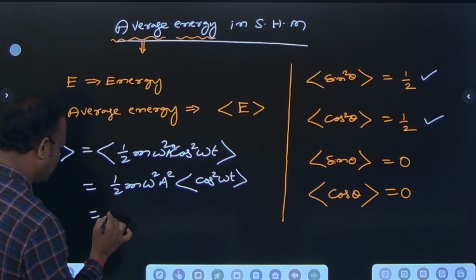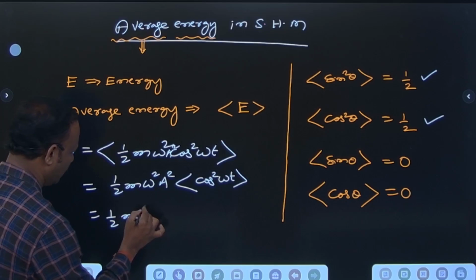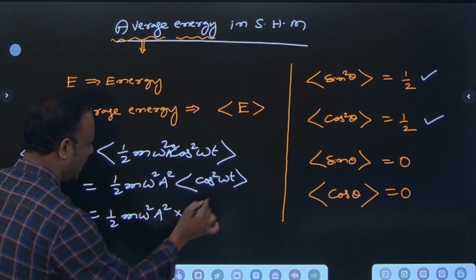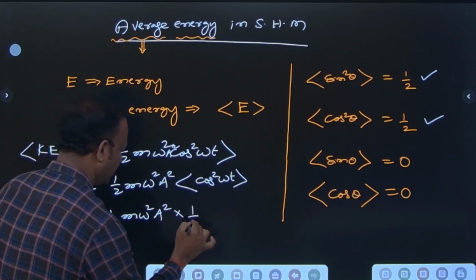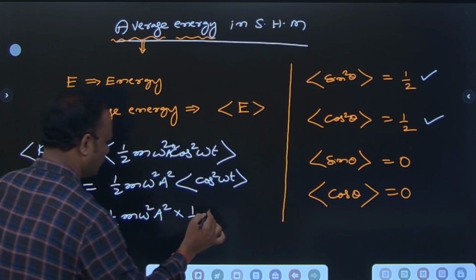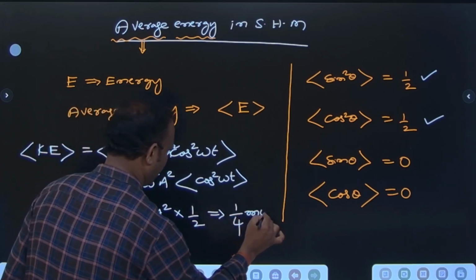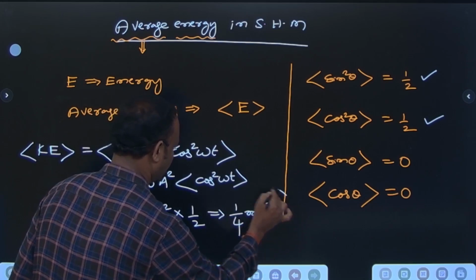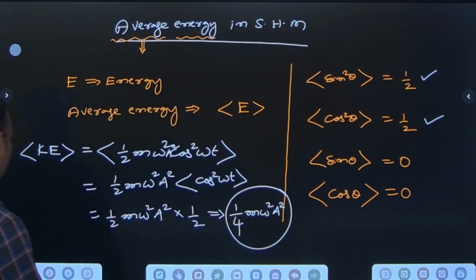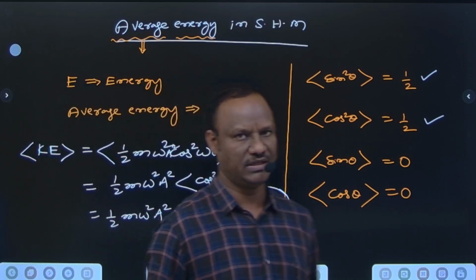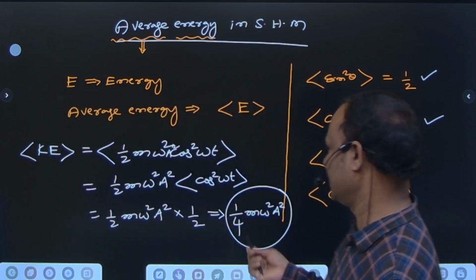The average value of cos square theta is 1 by 2. So what is your answer now? 1 by 4 m omega square a square. So the average value of kinetic energy is 1 by 4 m omega square a square.